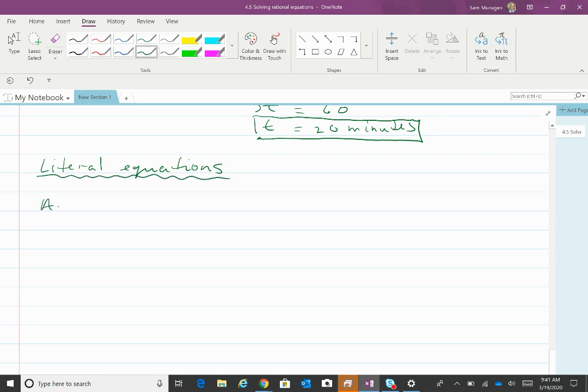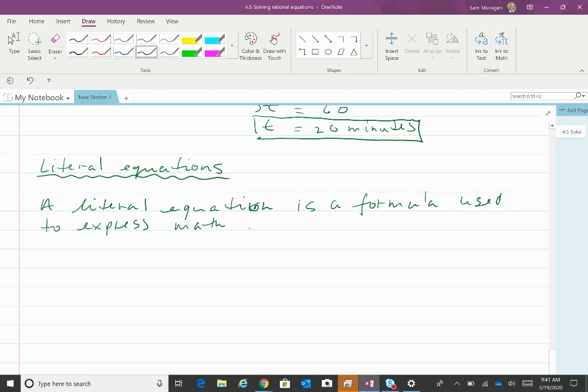So a literal equation is a formula used to express math relationships.